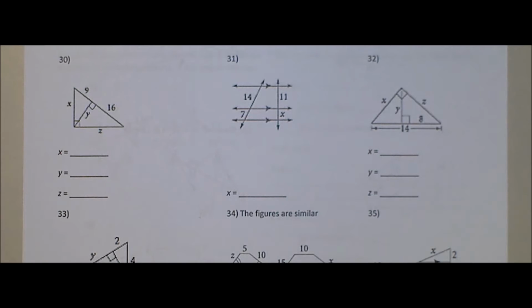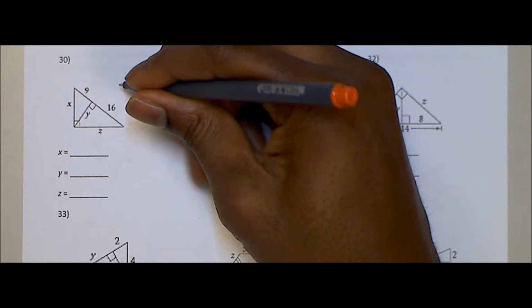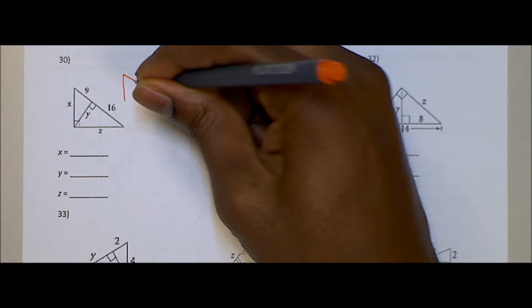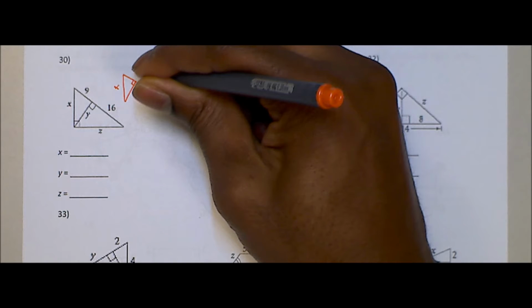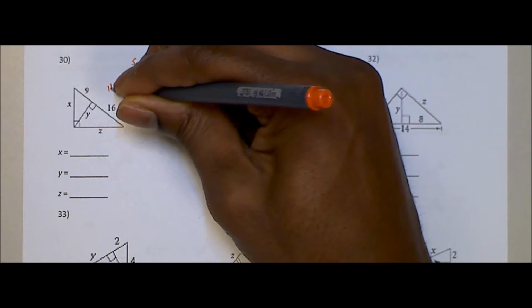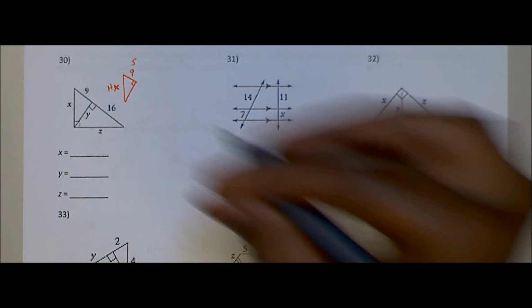For 30, we have the similarity in right triangles, the altitude drawn to the hypotenuse, so we're going to redraw our triangles and label those sides. So I have a triangle here, x is the hypotenuse, 9 is the short leg, and y is our long leg.